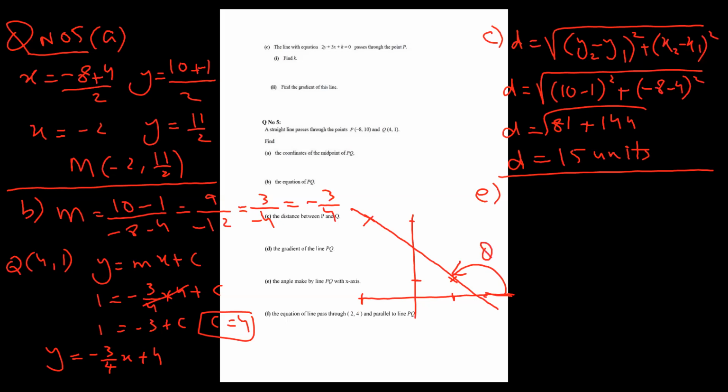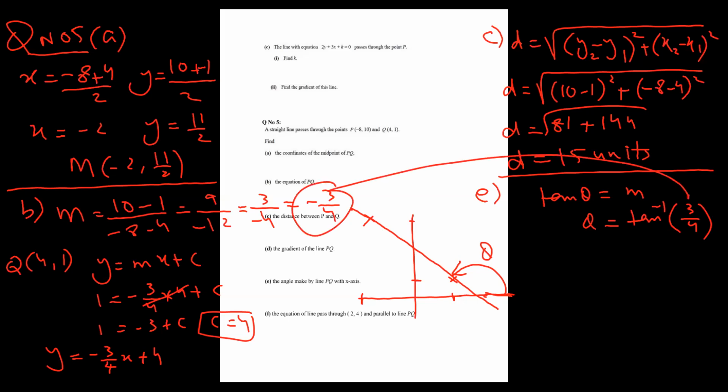But it has a negative gradient. You can see that it's negative. We have a fixed formula: tan theta equals gradient. So take tan on the other side, it becomes tan inverse, but you will not type the negative sign. So skip the negative sign. Even if you type the negative sign, no trouble at all.